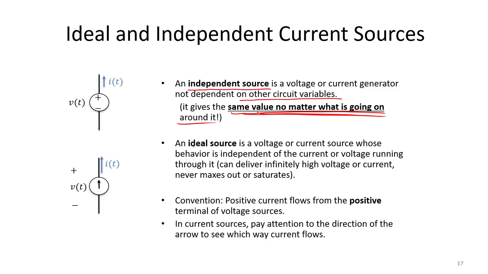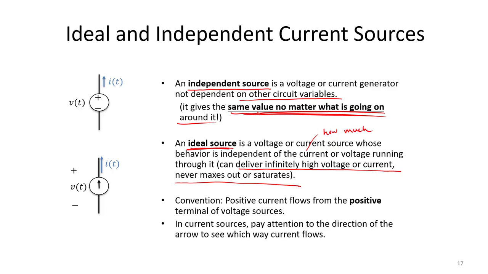Next, we have an ideal source. An ideal source means the behavior is independent of how much current or voltage is passing through. So what that means is that we can deliver infinitely high voltage or current. We never max out or saturate.